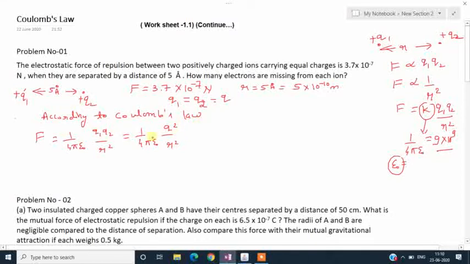Now we know the F value, so substitute it. 3.7 into 10 to the power of minus 7 Newton is equal to 9 into 10 to the power of 9 into Q square divided by the square of 5 into 10 to the power of minus 10 meter.